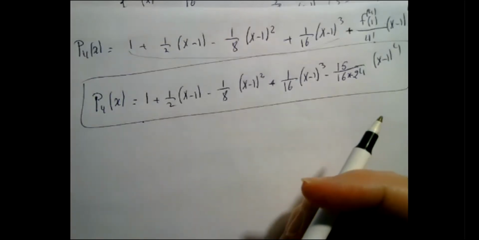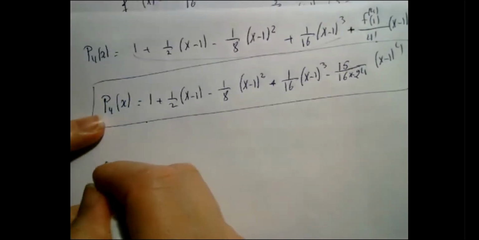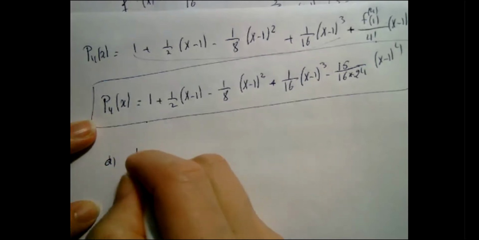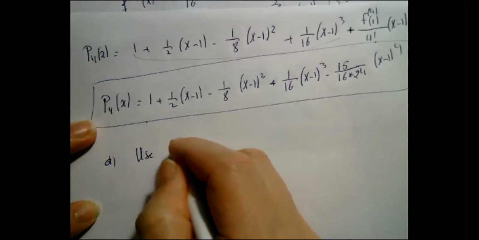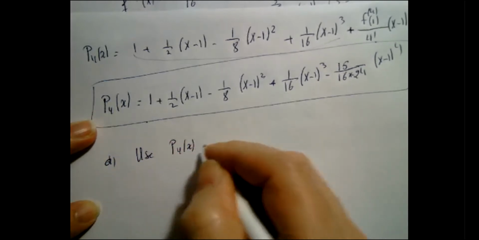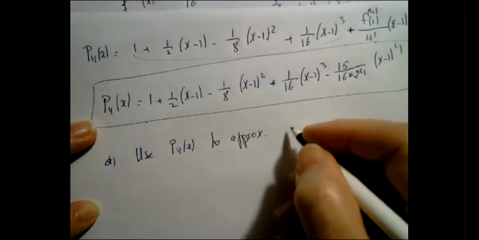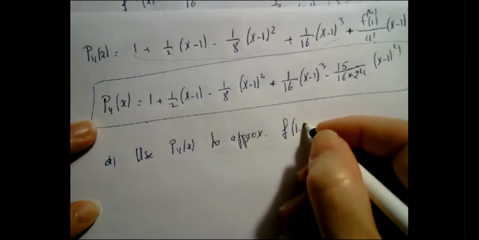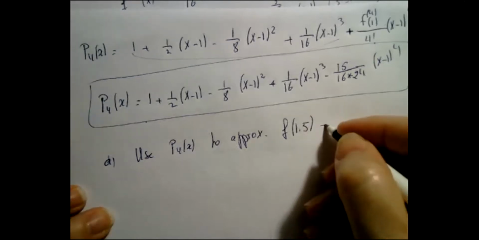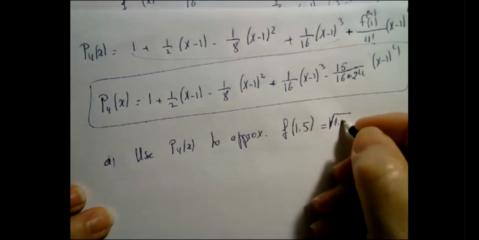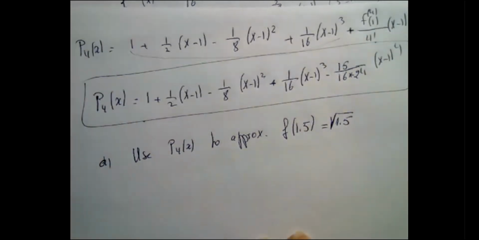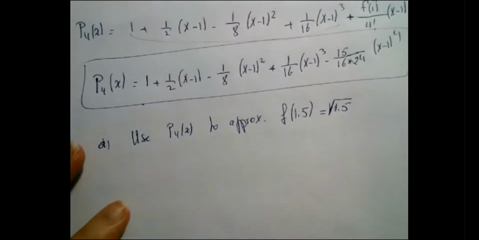Now, the last question is D. Use the 4th degree Taylor polynomial to approximate the value of the function at 1.5, or the square root of 1.5. All right, what does this mean?